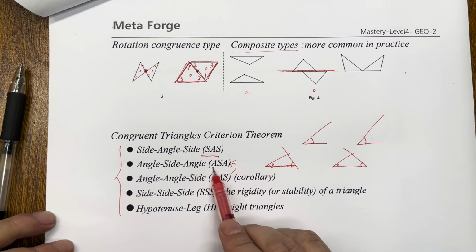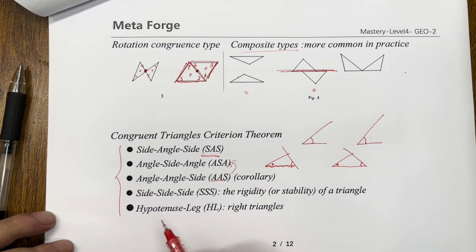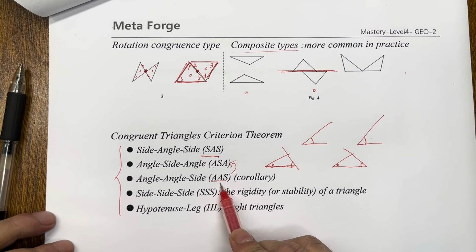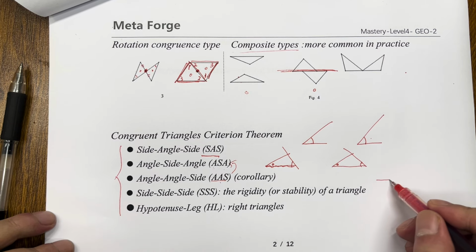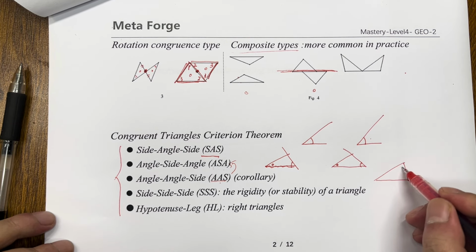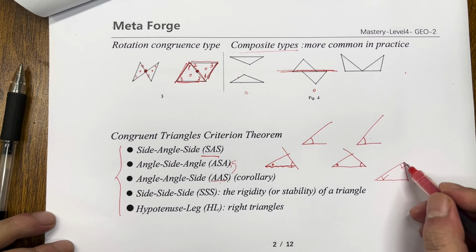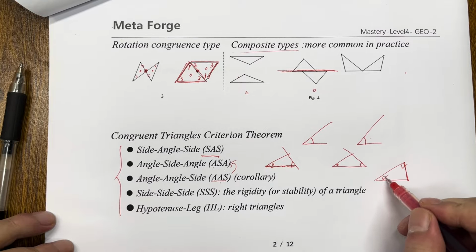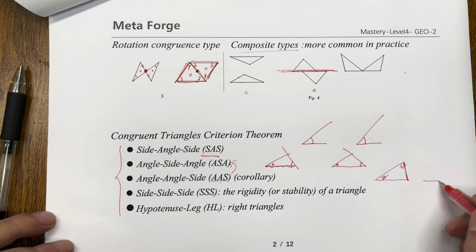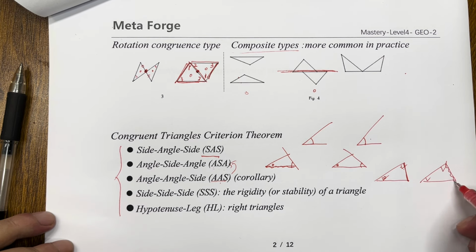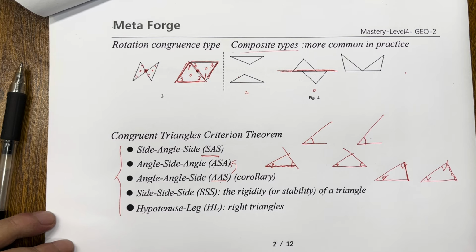If 2 angles are equal, the third angle must be equal too. Okay, AAS means any 2 angles with one side opposite to one of these 2 angles. AAS. Okay.